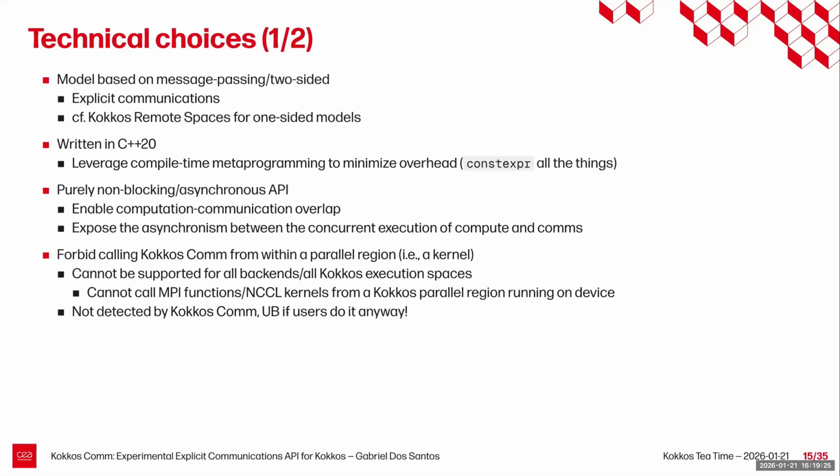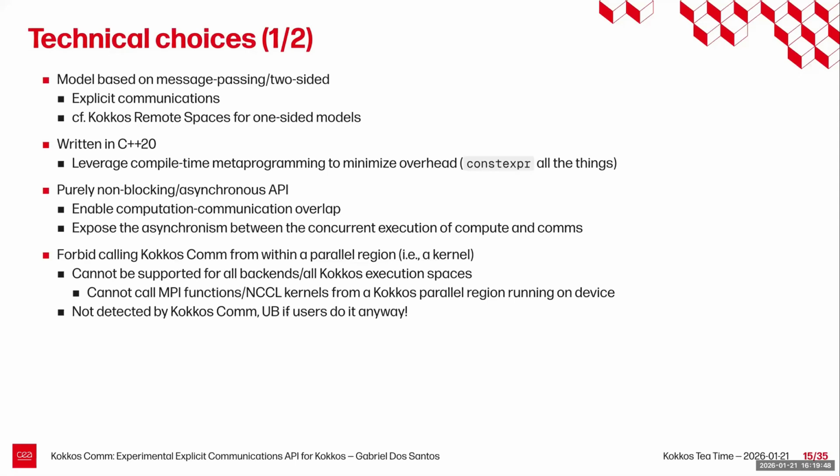And a last point that we wanted to mention here is that we are forbidding calling Kokkos Comm from within a parallel region, so a kernel. You can do it on some combination of Kokkos backends and communication libraries. For example, you could do it with the OpenMP backend and MPI.